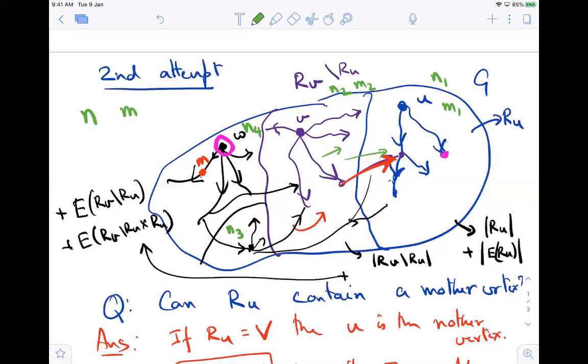Similarly, N3 and M3: M3 is the set of edges within itself and from this set to the other sets, and that's it.